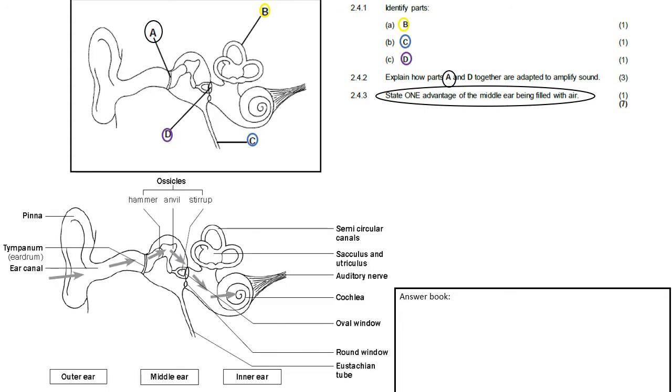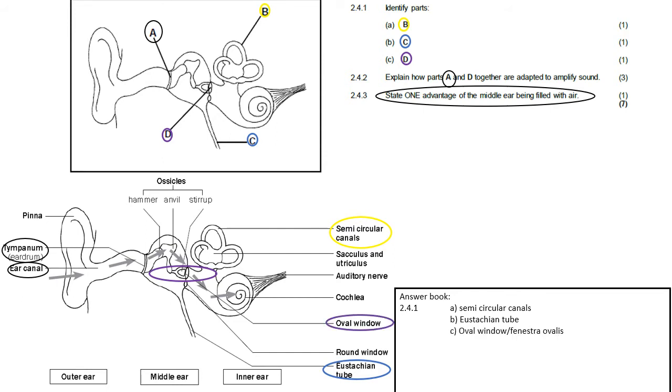Here's a labeled version of the diagram above, and that's part A, corresponding to the eardrum. Part B is the semicircular canals. Part C is the eustachian tube.